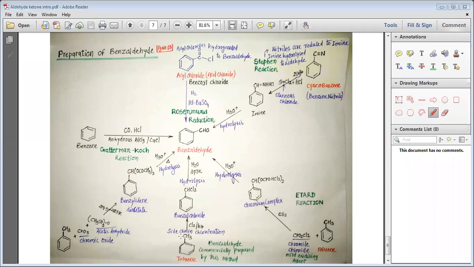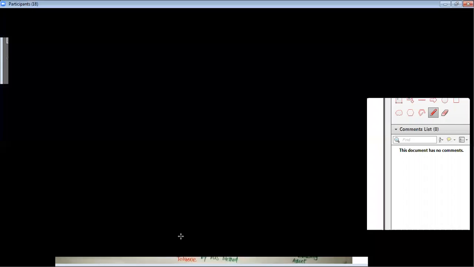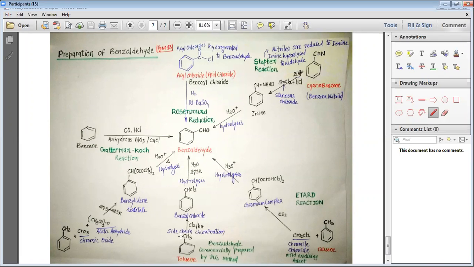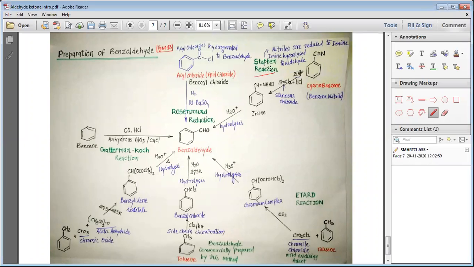So this is how, my dear students, we understand the preparation of benzaldehyde. You can see that benzaldehyde can also be prepared by some other methods. The other method that we can see is the Stephen reaction.